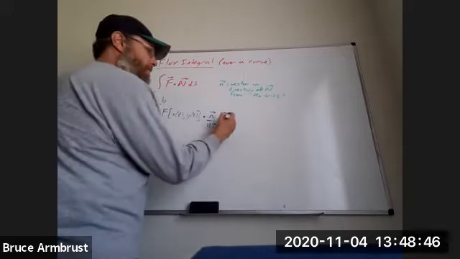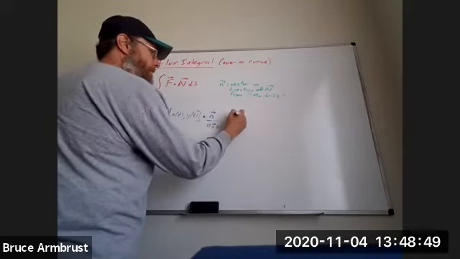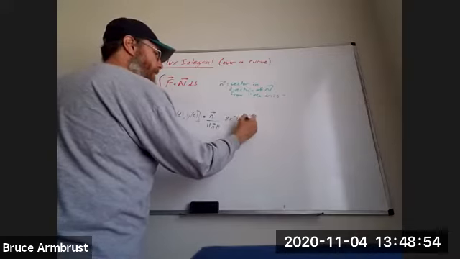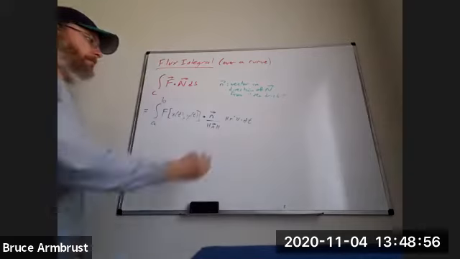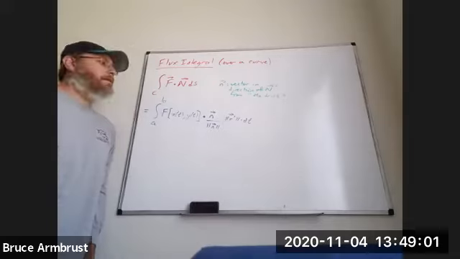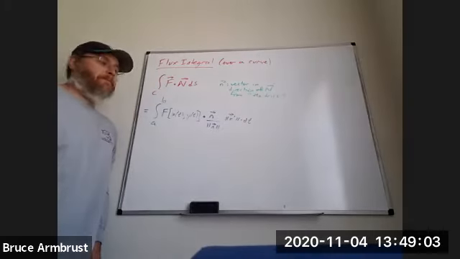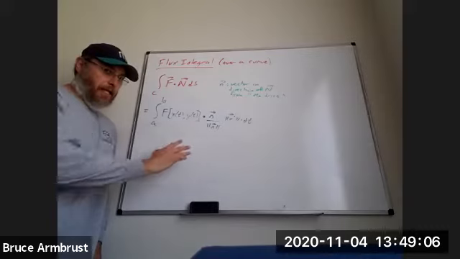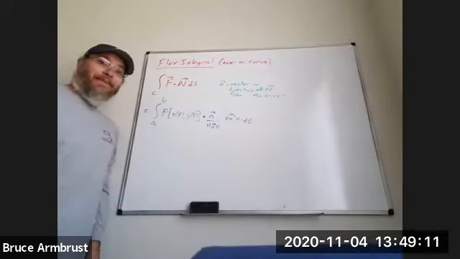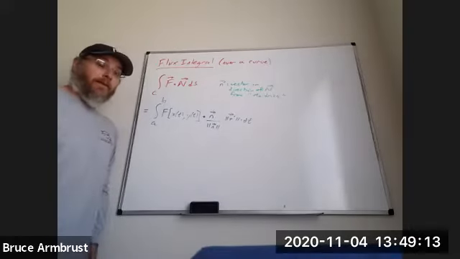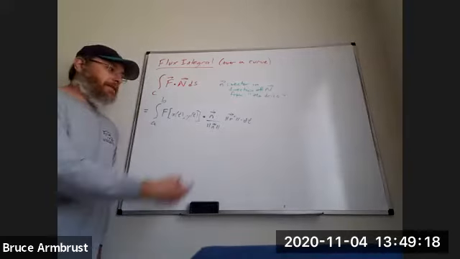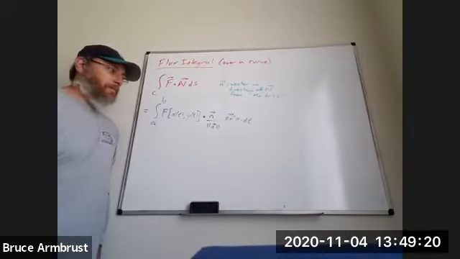Well, the same thing that we did before, which is the magnitude of r prime times dt. I know it doesn't really look pretty, but it's basically the same thing that we did with the work integrals. It's just instead of t, we're using n.